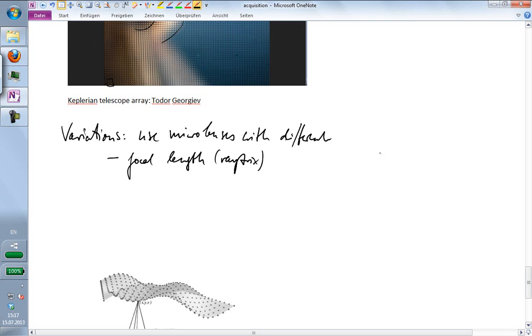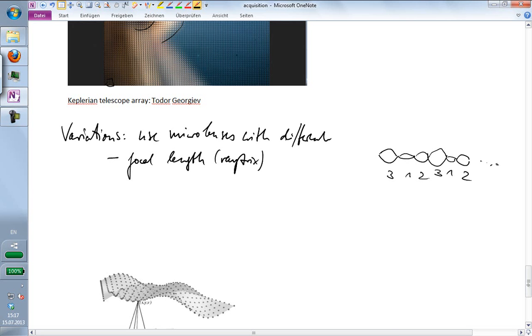So if we look at three adjacent micro lenses, they are not the same. Let's say this is type 3, type 1, and type 2, and then it repeats. Type 3, type 1, type 2, and so on.